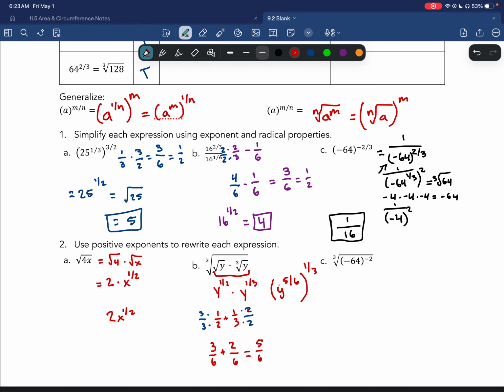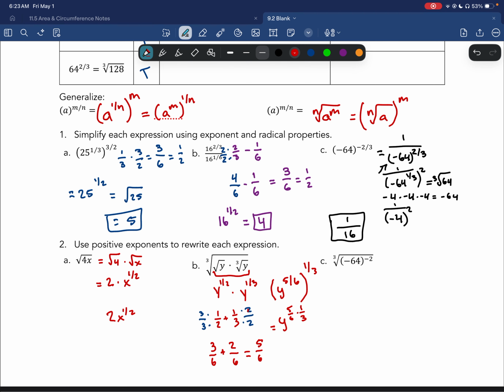Then, once we have all of our exponents, we want to simplify this as much as possible, so we're going to combine these. Anytime we have a base and an exponent raised to another exponent, we multiply these together. So we get y to the power of 5/6 times 1/3.